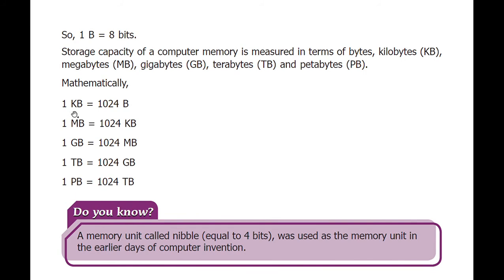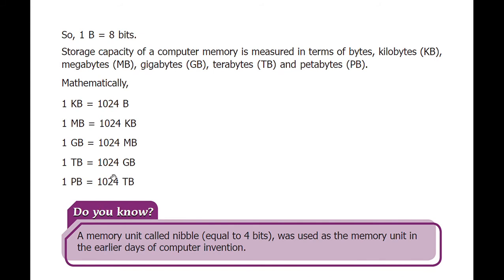When I say 1 kilobyte, it means 1024 bytes. It's that much bigger than your byte. When I say 1 MB, it means 1024 kilobytes, and 1024 MB means 1 GB of data. The data is increasing.